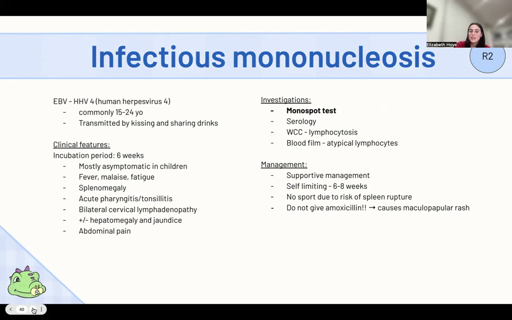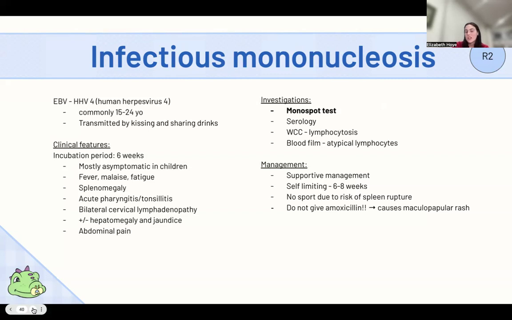Usually it's asymptomatic in young children, but someone who presents with symptoms might have fever, feeling really unwell, fatigued. It comes with splenomegaly sometimes, pharyngitis, tonsillitis, and then bilateral enlarged lymph nodes. And then it can also have abdominal pain and a range of other features.